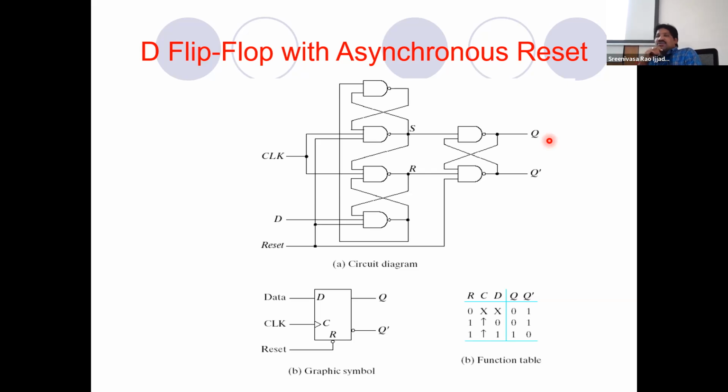Okay, but I already told you that for sequential circuit design, the best thing is behavioral modeling. Whenever you are talking about behavioral modeling, you need not be worried about the logic circuit. Whatever the number of gates, I think 6 NAND gates are there, some are 2 inputs, some are 3 inputs.